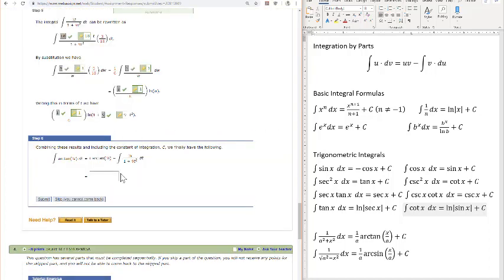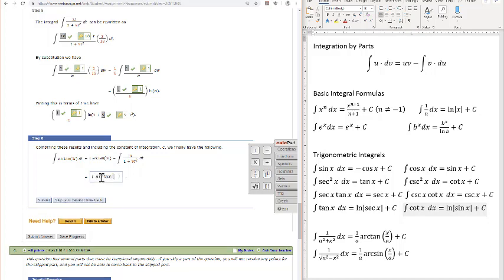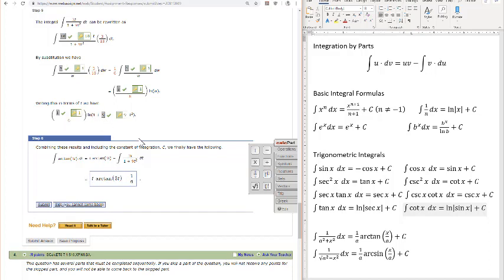So now combining all we have here, we're going to rewrite this. We have t times the arctan of 3t minus, and then the thing that we just found, which is a 1/6, and then the ln of 1 plus 9t squared, and then plus c.